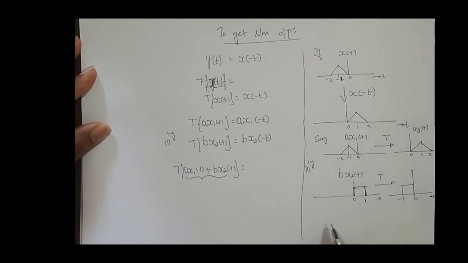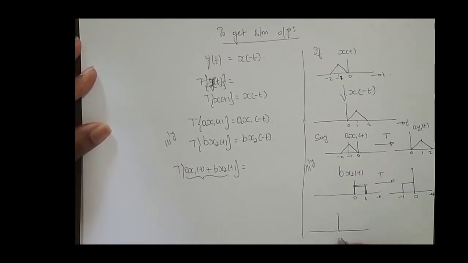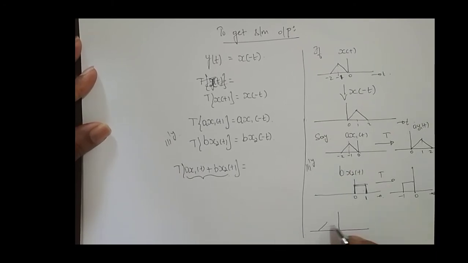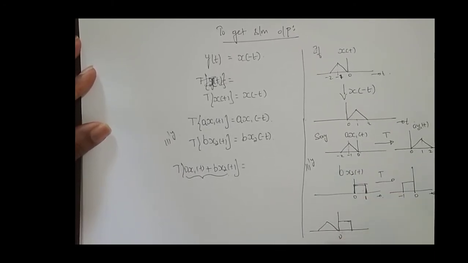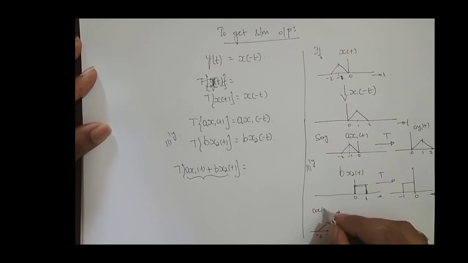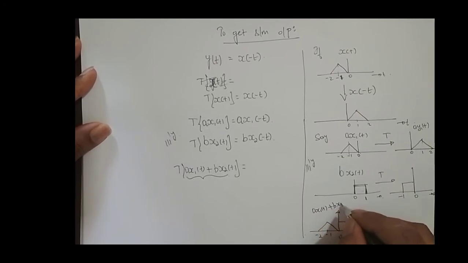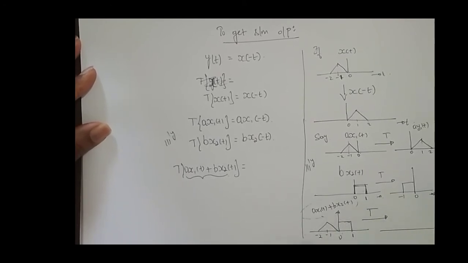Now if I add these two and feed it, what is the addition of these two signals? The left hand side is like this. If I add these two, 0 plus this signal is this, this is minus 1, minus 2, 1. This is what? A times x1 of t plus b times x2 of t, right? And if I feed it to the system, what is the output I am expecting? This is actually what I have fed now. What am I expecting?